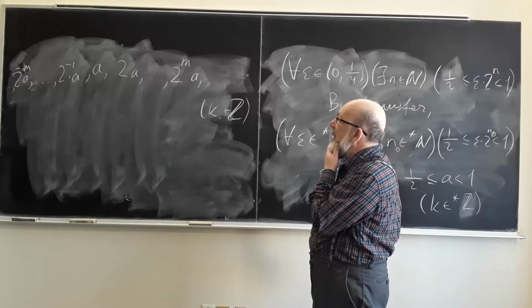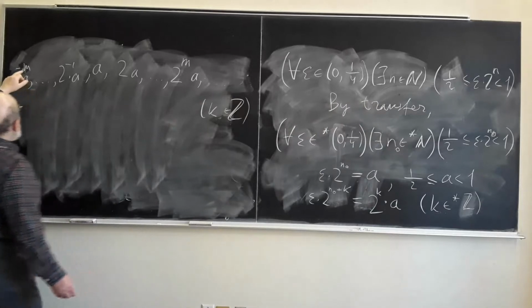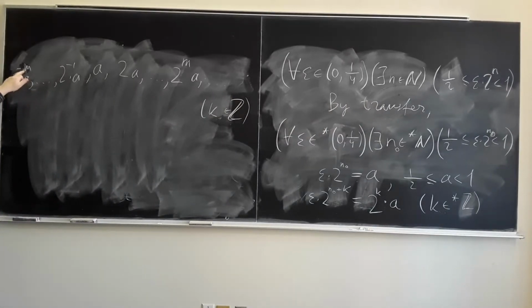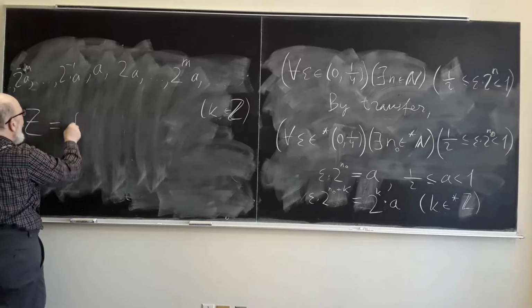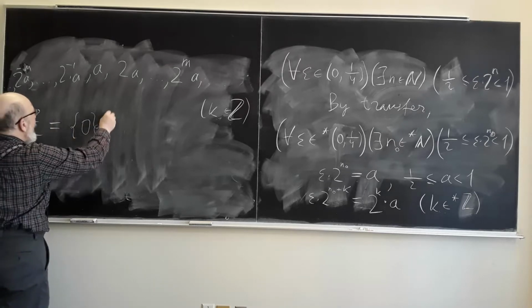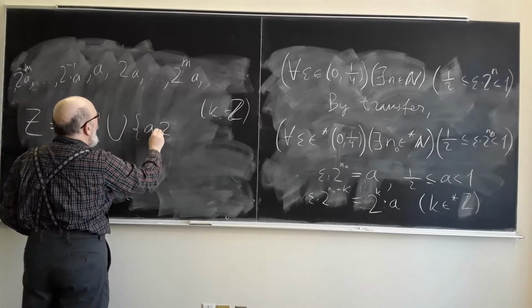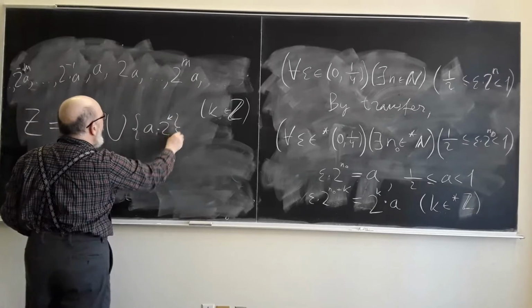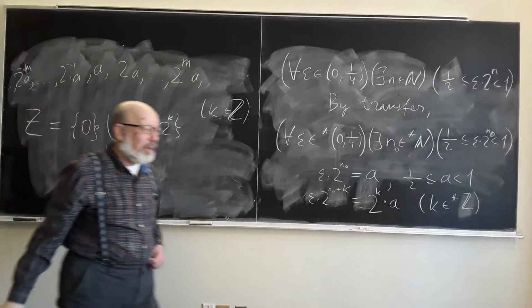So if you consider m which are infinite, then the standard part of this is 0. So we have to add here 0. So our set, which we call Z, equals the following. It is 0 union a times 2 to the power k, k an integer.